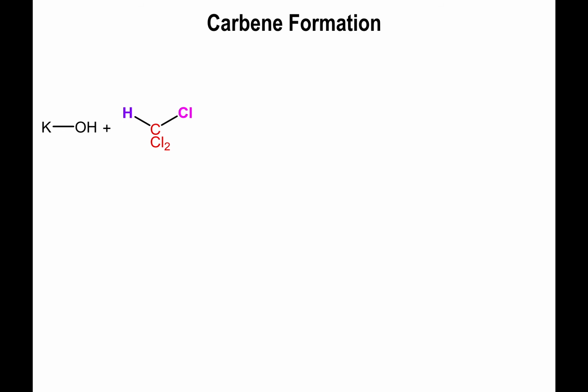Okay, now there's another way of preparing cyclopropane rings, and these ones will be fully composed of carbons. And the way this happens is with carbon that already has a lot of halogens on it. In other words, a carbon that is making the carbon-hydrogen bond slightly acidic.